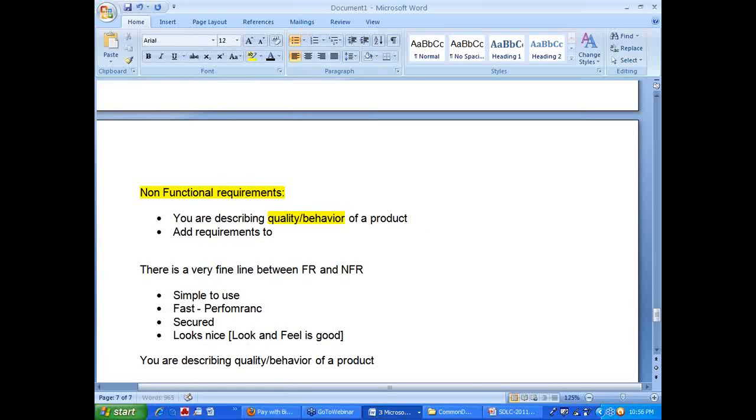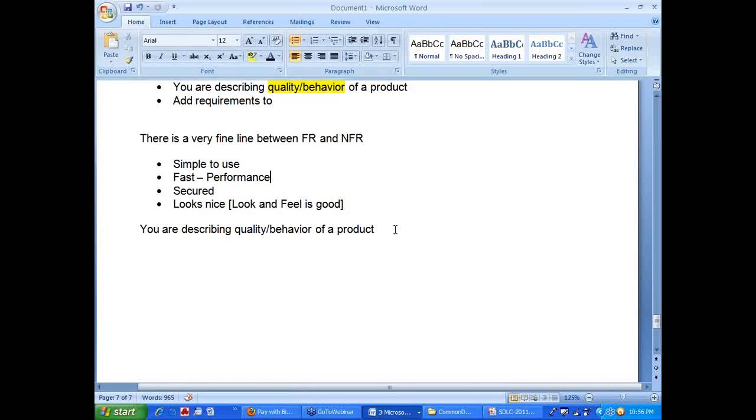That is called performance requirements. So that's what non-functional requirements are: quality and behavior. We'll discuss this in detail in the next class. But associated with every product will be, or should be, user, functional and non-functional requirements.